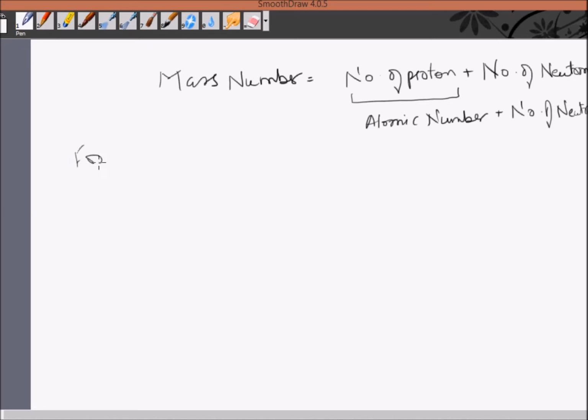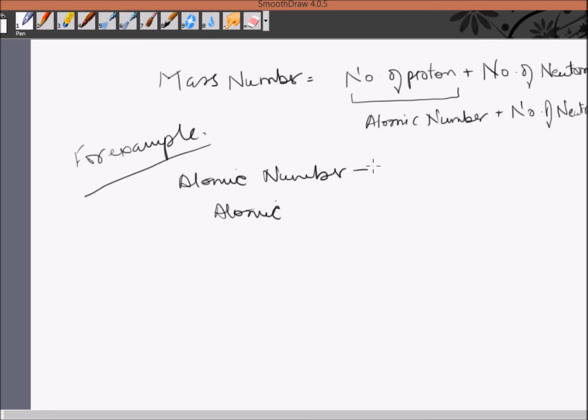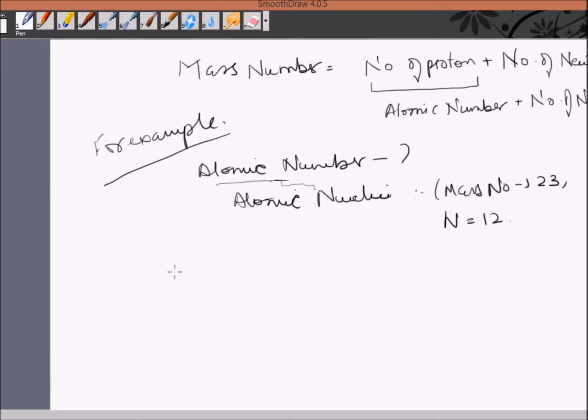For example, we have to calculate the atomic number of an element whose atomic nucleus has a mass number of 23 and 12 neutrons. How will we calculate the atomic number?